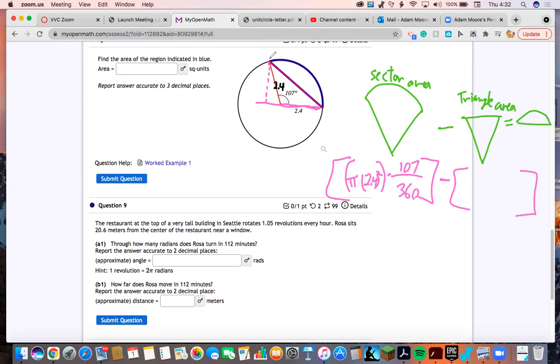And so to figure out the height of this thing, we could certainly use, secretly, the angle 107. But if we want to view it as a right triangle, we can just say, well, what is this angle? And we could do the full 180 minus off the 107, and we'll get what's left over here. And so I'm going to do it that way, but secretly, it's the same sine value if you just use the 107.